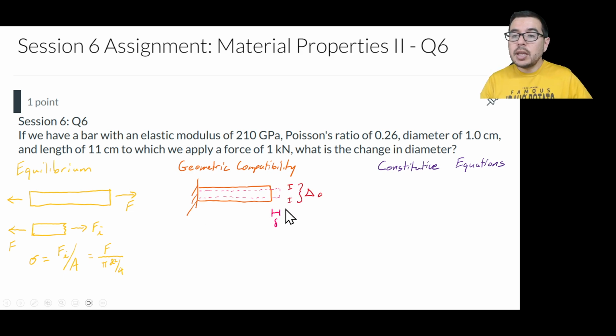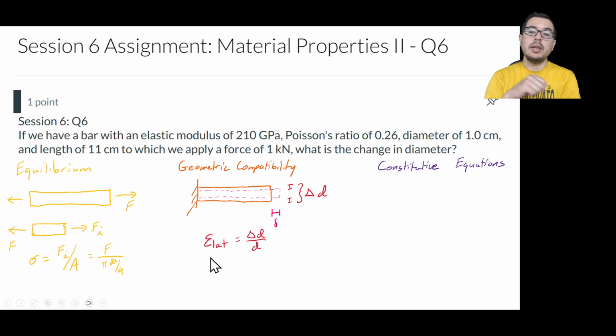So the change in diameter is going to be given by how much contraction we have, say, on the top and on the bottom, or radially. We can describe that as delta D. Now, the delta D has a role in describing what we'll call the latitudinal strain.